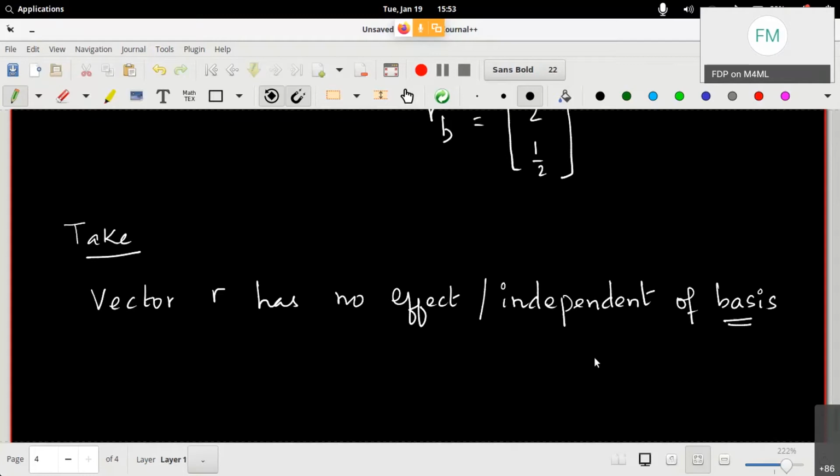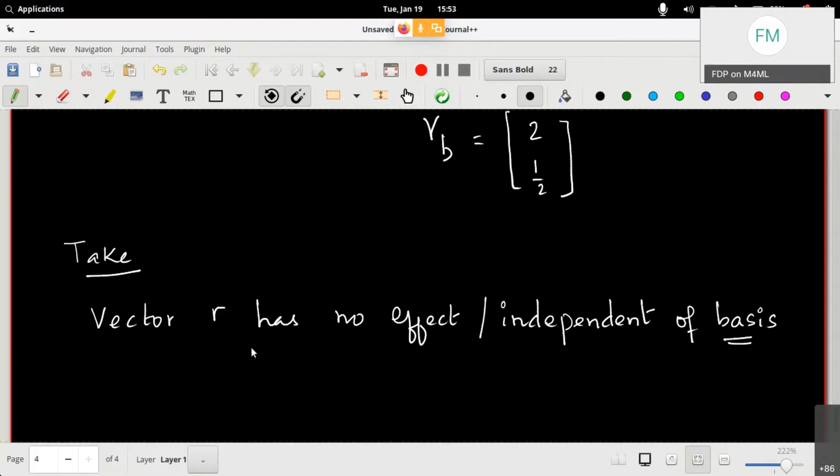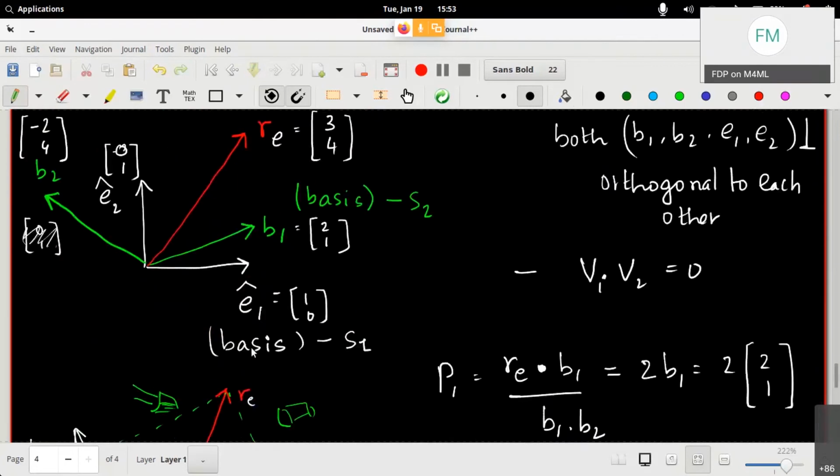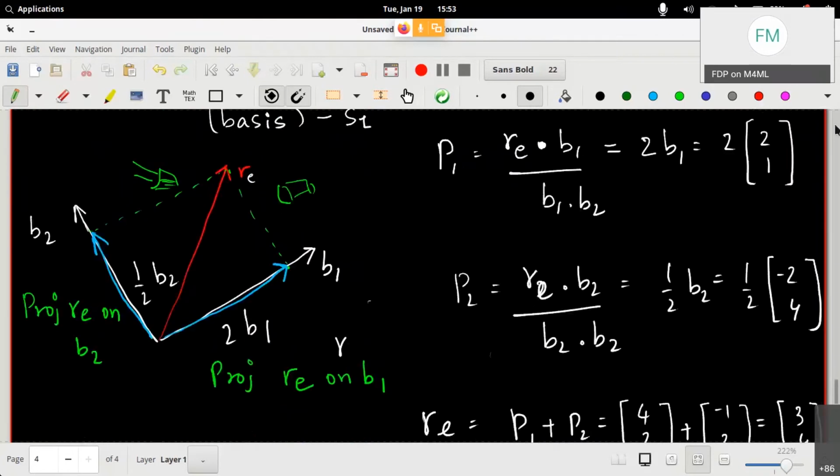Now we have seen that we moved from one space, if I try to write it in a different color, okay, let me use this color. This was your E1, this was your E2. So that was your original space. You had a vector in the original space, E1 and E2.